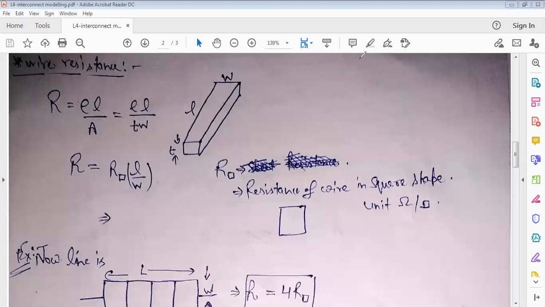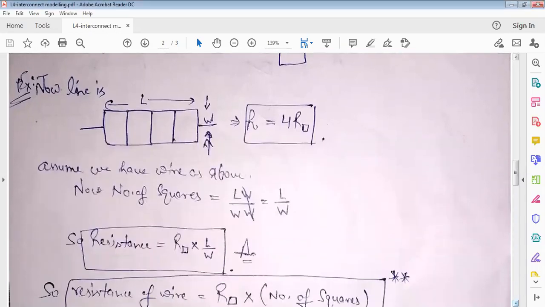So now let us take an example of this in order to understand it. Now suppose we have a wire of length L and width W. So the idea is that, let's say, this is divided into four sheet resistances.